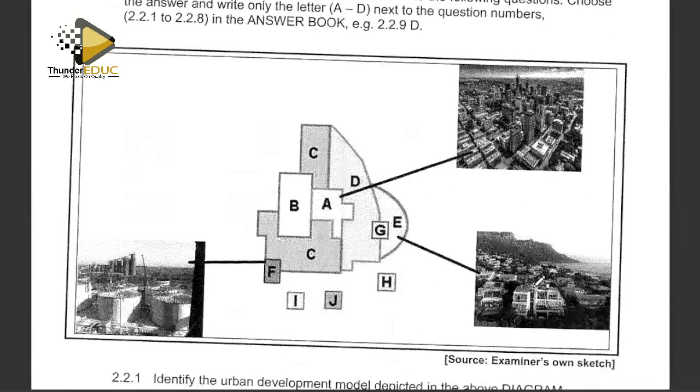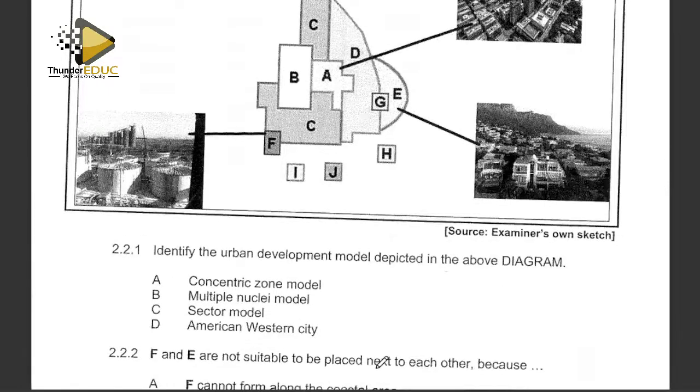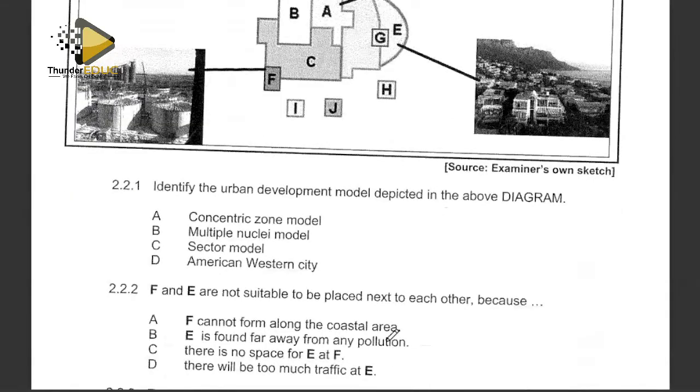Right, I'll move on to the next question, which shows a model of a setup of an urban area. Identify the urban development model depicted in the diagram. That is a multiple nuclei.